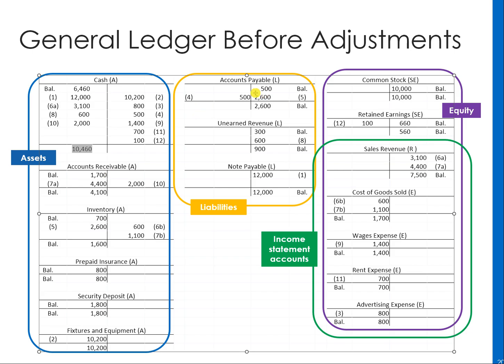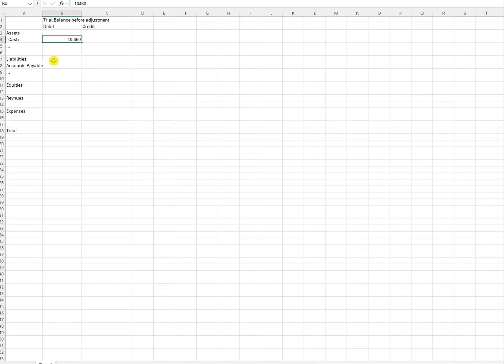The same thing for liability accounts. Start with accounts payable. I have a $2,600 credit balance. So I'm going to post that to the credit column. I do the same thing for all other accounts. By the end, we're going to have the same total debit and the same total credit.